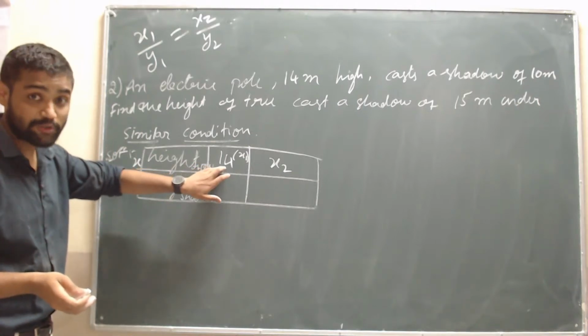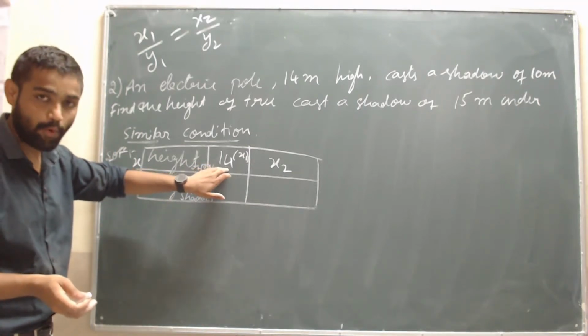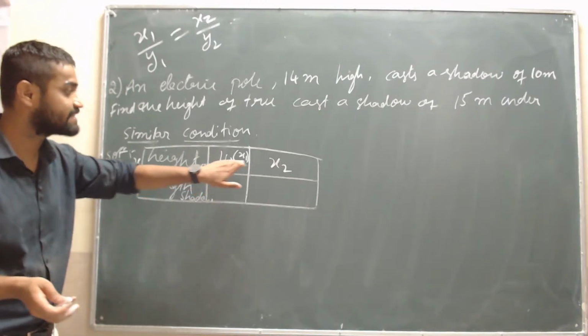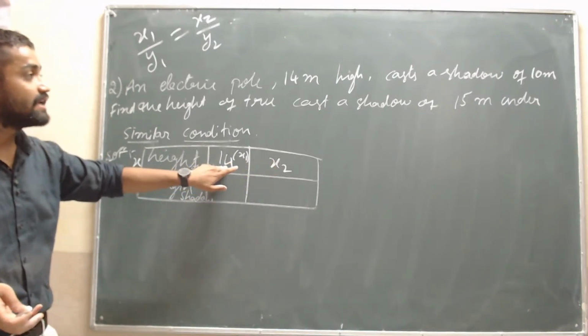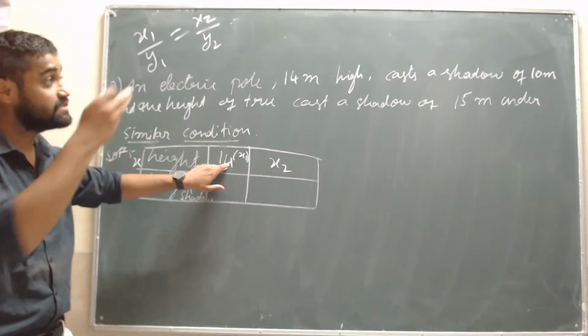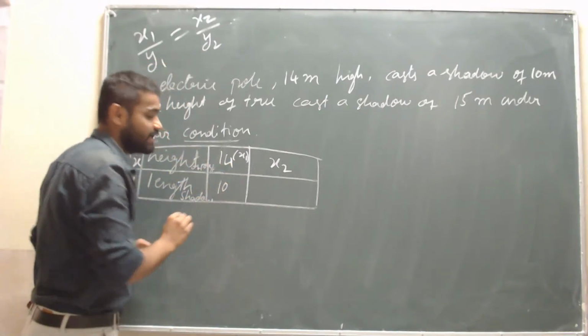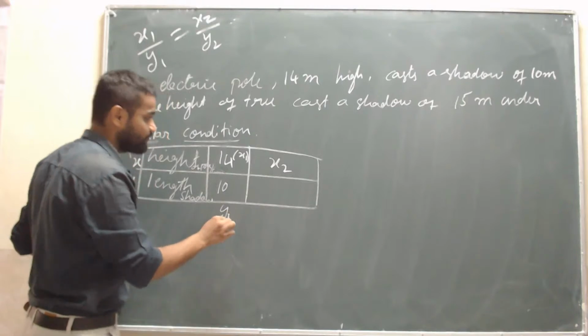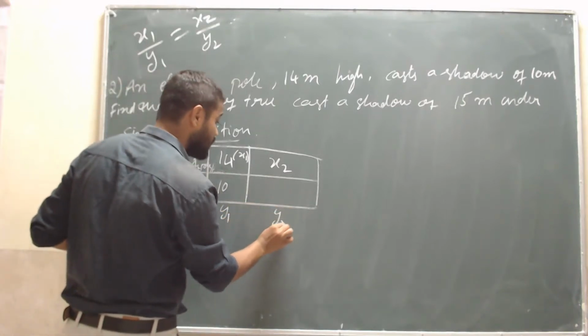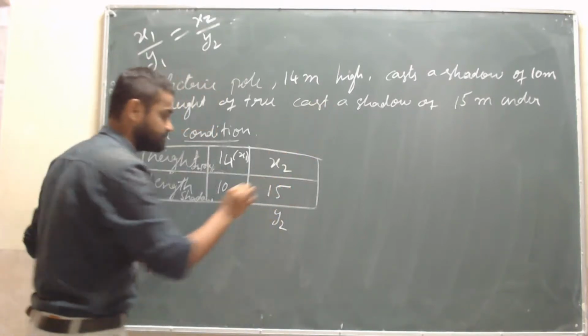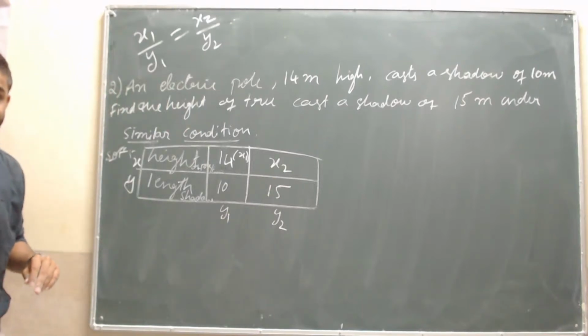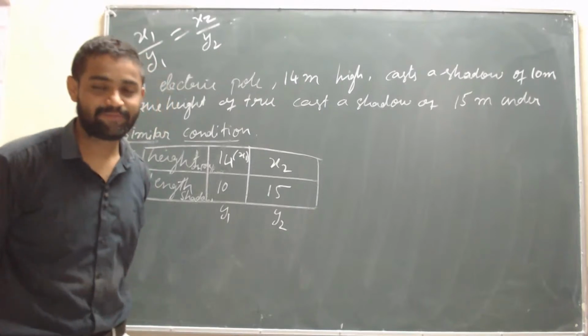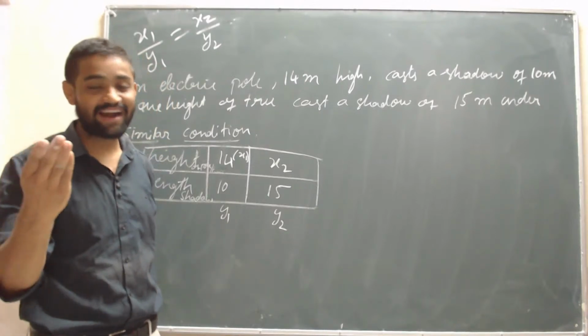This x1 is related to the pole, students. Don't be confused. This is the pole and this is the tree. The length of the shadow of that pole is 10 meters, and this is y1. And we know that the y2 value is 15. Now here we have to find out the value of x2.